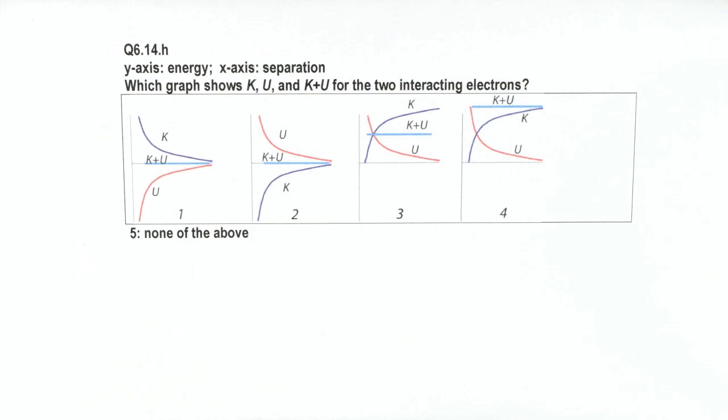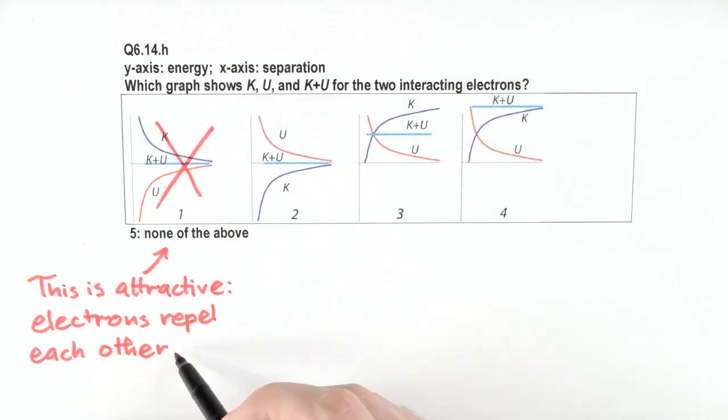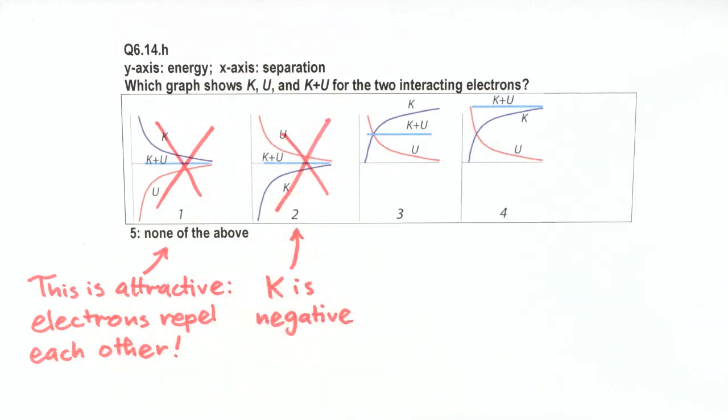Let's consider each of these graphs in turn. Here we're dealing with a repulsive interaction, so the electric potential energy cannot look like this because this sketch is for an attractive interaction. This sketch is just plain wrong because it has a negative kinetic energy shown. This is unphysical. This graph is a little trickier.